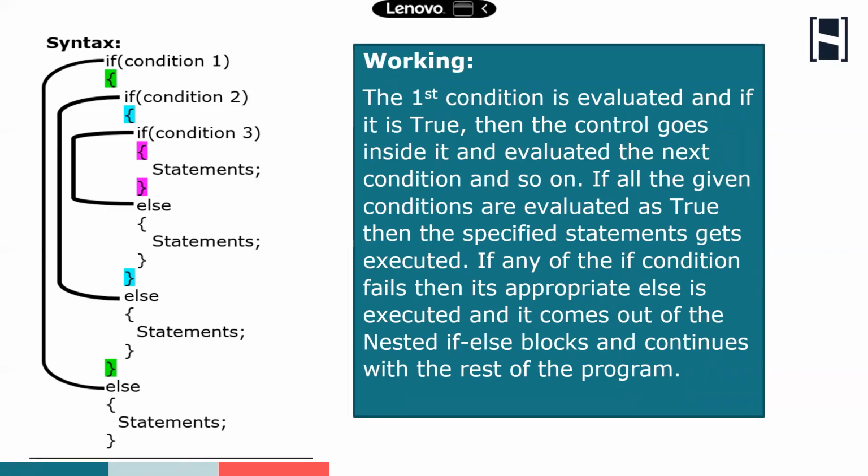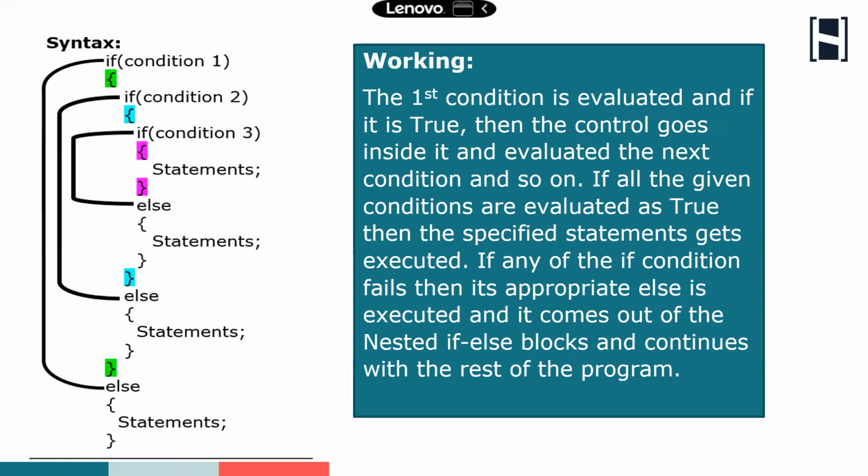When all the 3 conditions are satisfied, then the set of statements I have given inside is going to get executed. If any one of the conditions fails, then it will not go further inside. Automatically the control will be transferred to the appropriate else block, and whatever we have given inside the else block will get executed. This is how the program flow is going to go.